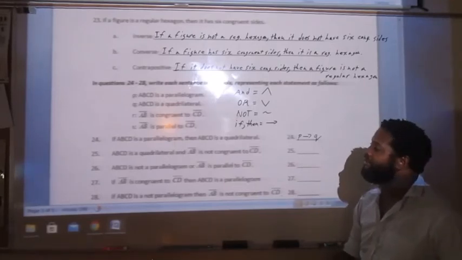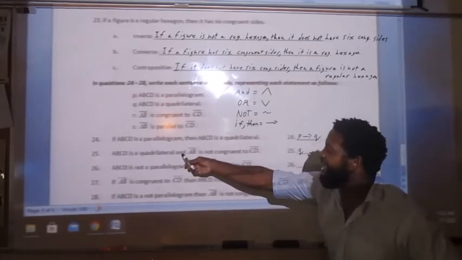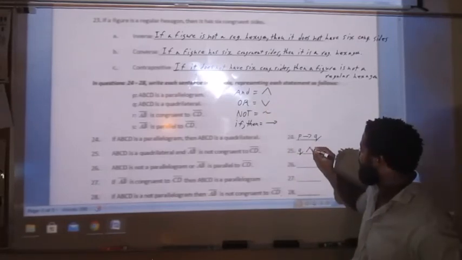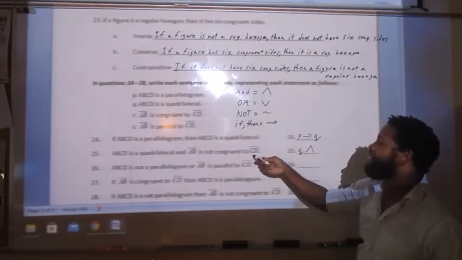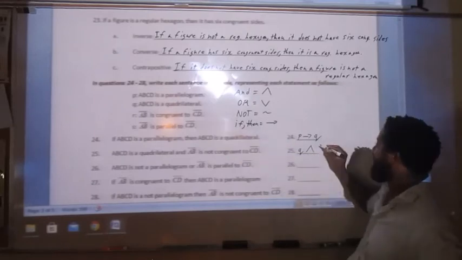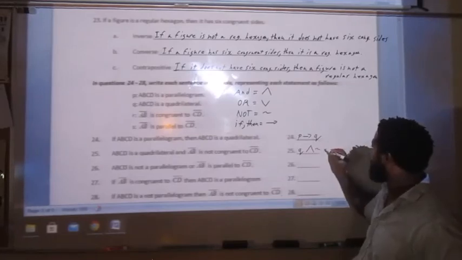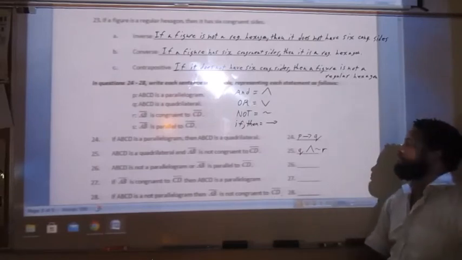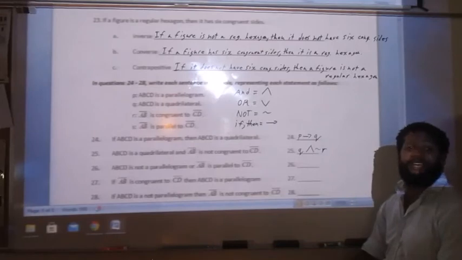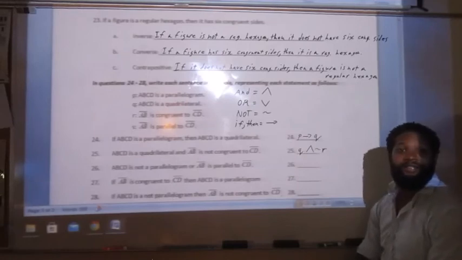Q, then the up arrow for and, then not R. This is actually easy as long as you just put your signs, and then you can just read it left to right and interpret it, all right?